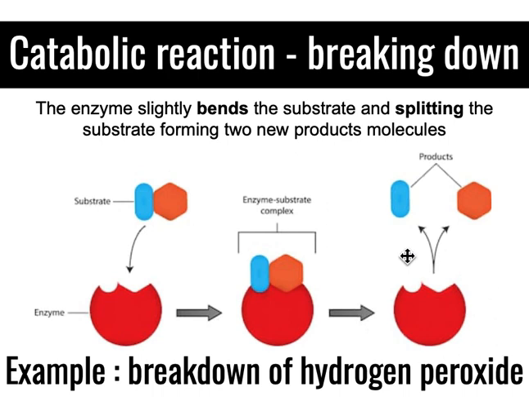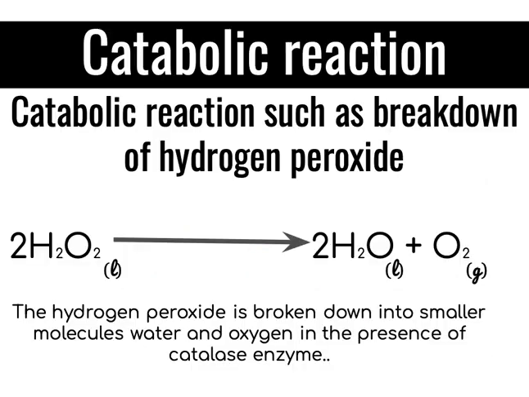Because the enzymes can be reused over and over again, you don't actually need a lot of enzymes in a reaction. One example is the breakdown of hydrogen peroxide that you have come across plenty of times before.